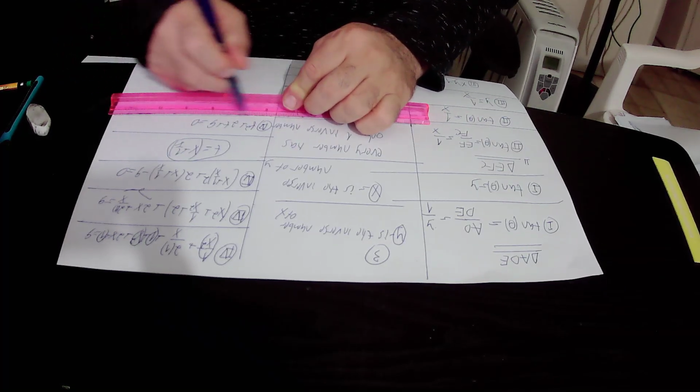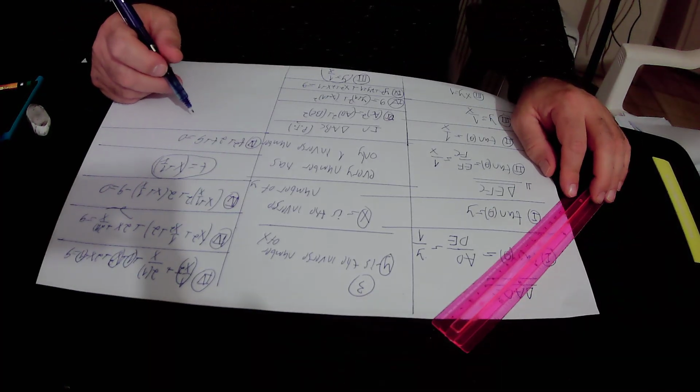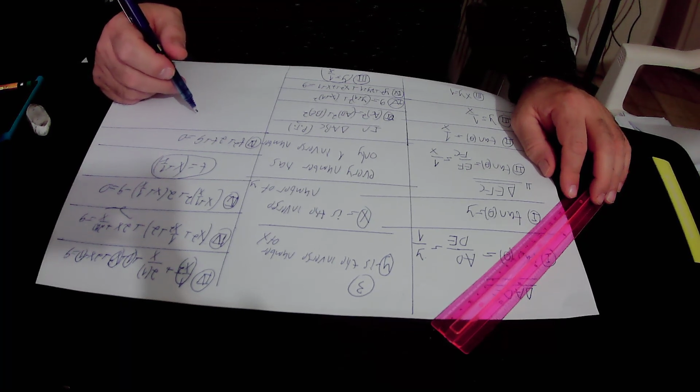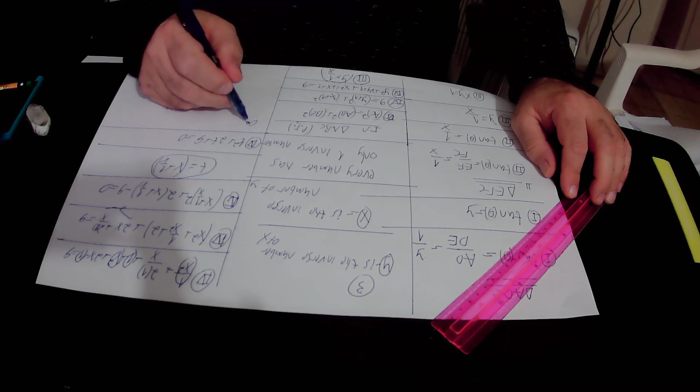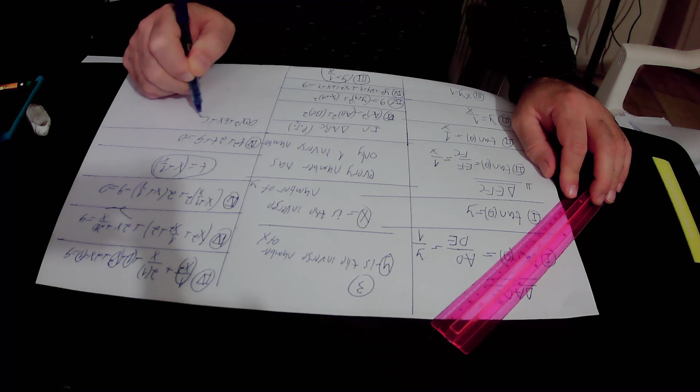So we got here a quadratic equation. The variable in this quadratic equation is t, and the general formula for a quadratic equation is ax squared plus bx plus c equals 0.